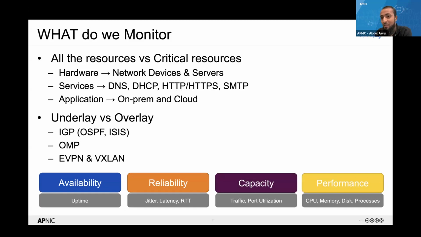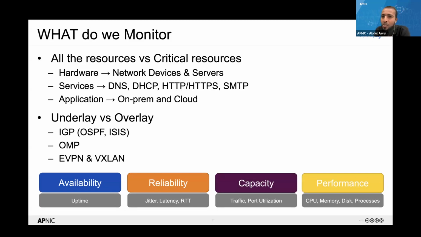So you know that DHCP is very critical. If DHCP is down, customers or users are not going to get the service. Same goes for RADIUS servers. Maybe your SMTP or mail servers, right? So these are very important.